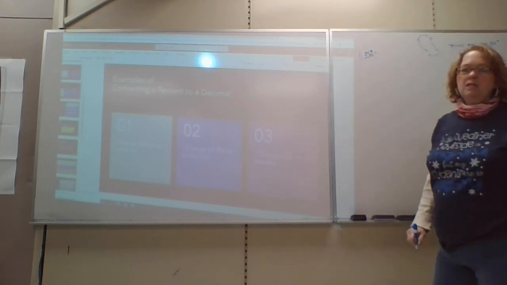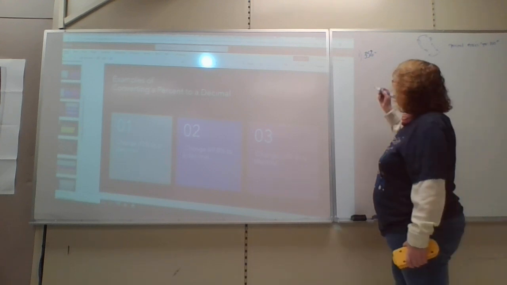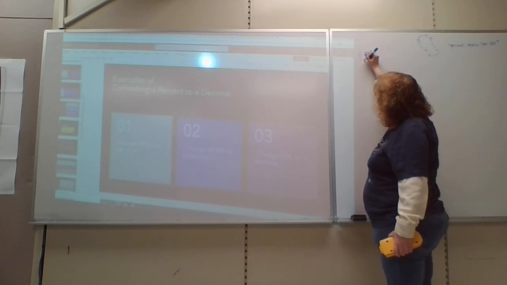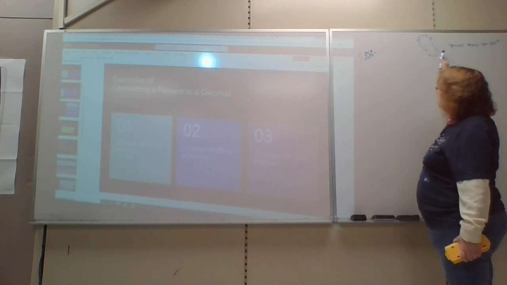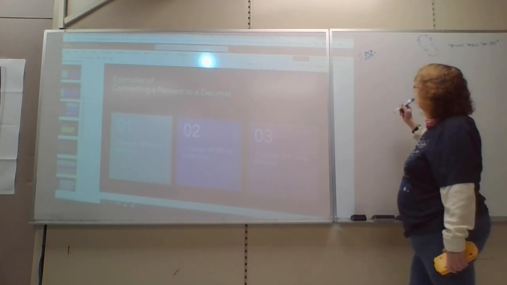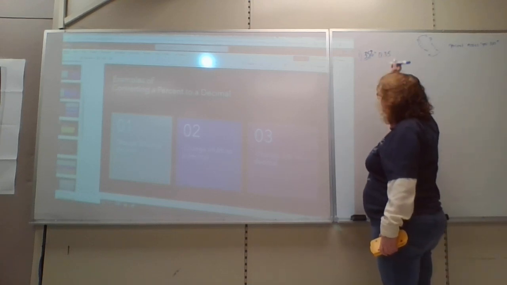You remember in the procedure, we drop the percent and you move 2 places over. It's right here, so you move 2 places over. Remember, we're going from percent to decimal, so you move 2 places over to the left. And that will be 0.35.